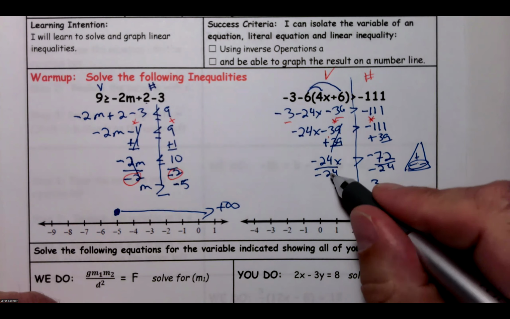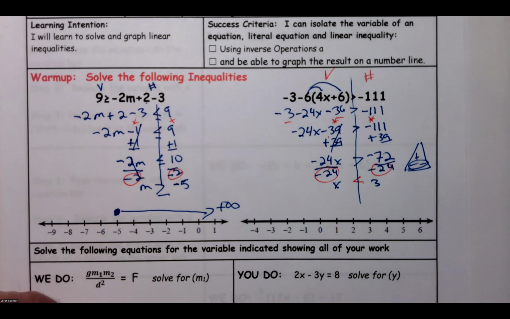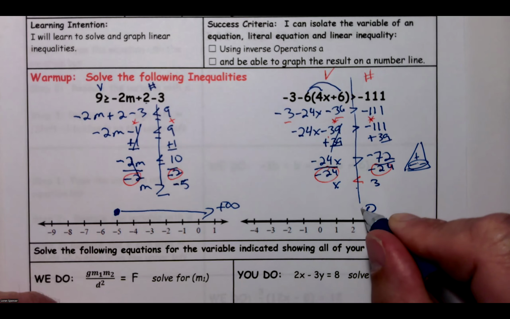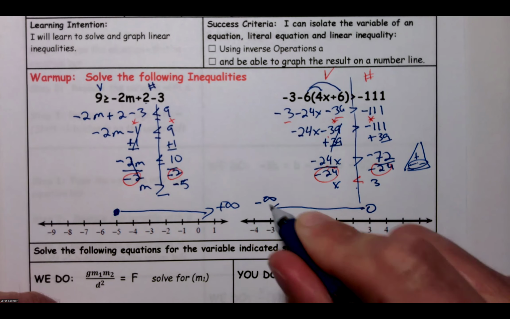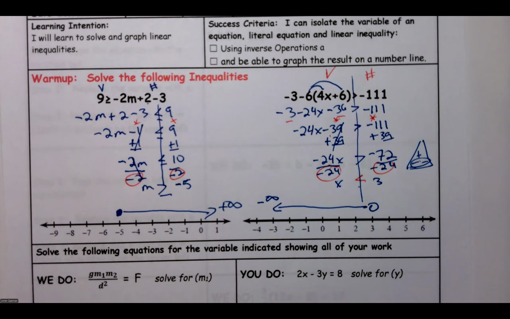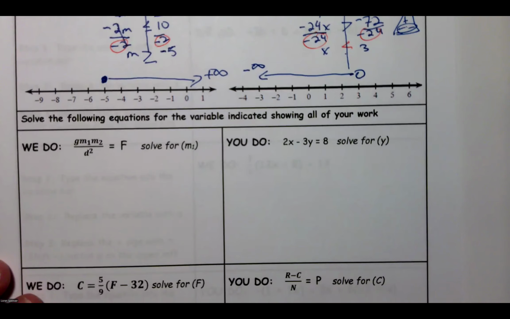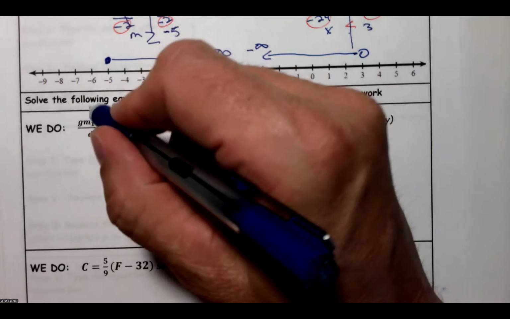Now, we divided by a negative right here. This means the direction of my sign changes. So we're at positive 3, no line, so it's a hollow, but it's facing this direction, and it is headed off to negative infinity.